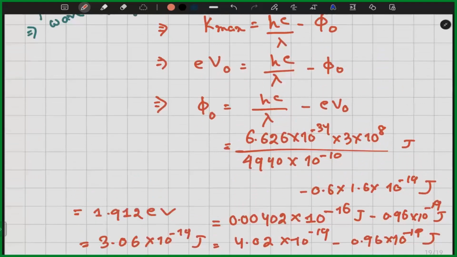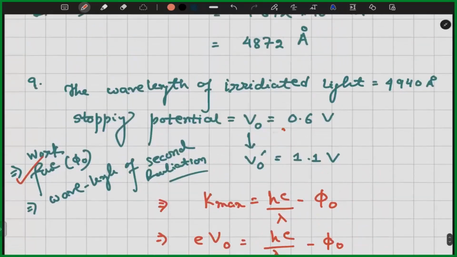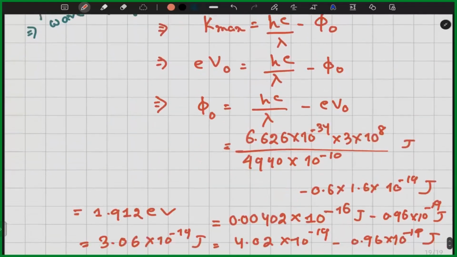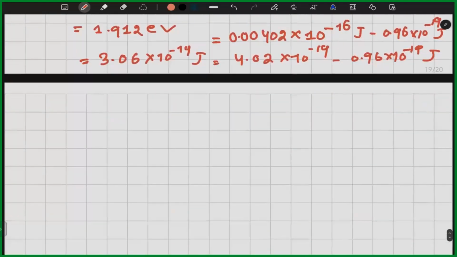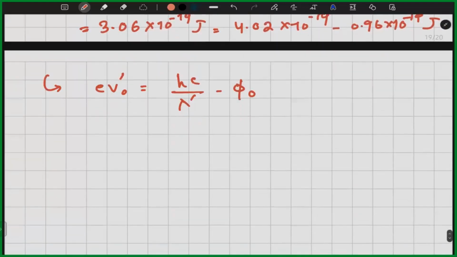Okay. The second question is the wavelength of the second radiation. So again we will use this formula: V naught prime is equal to hc by lambda naught minus the work function. The work function is now known to us. We have to find this.